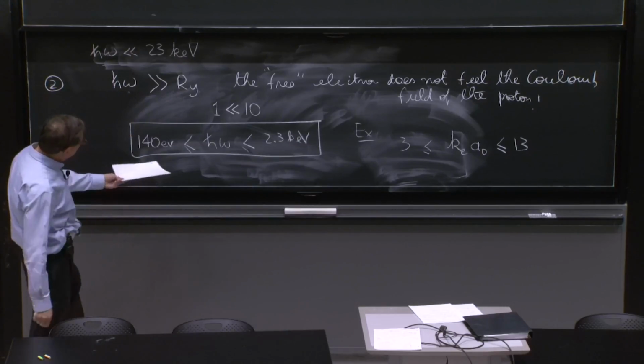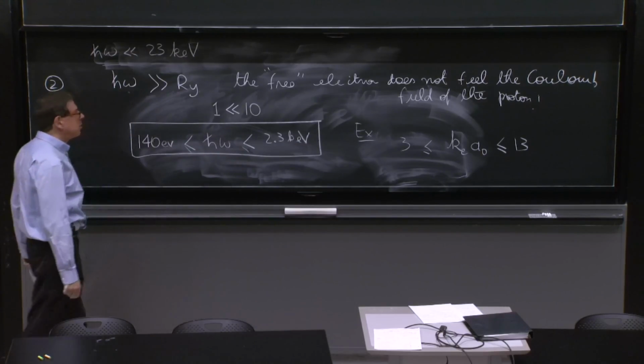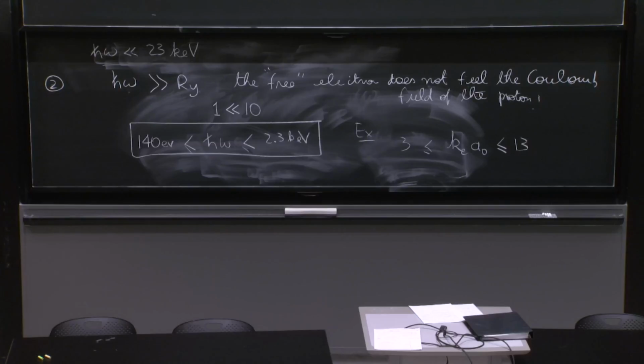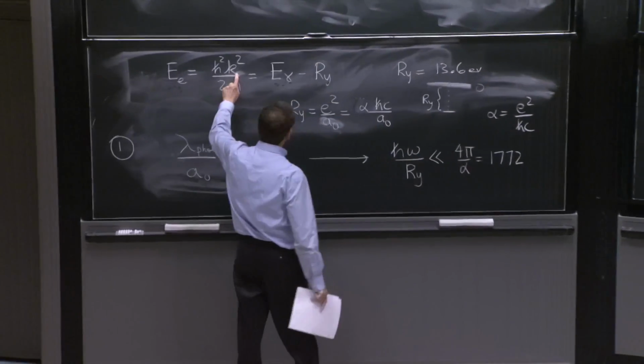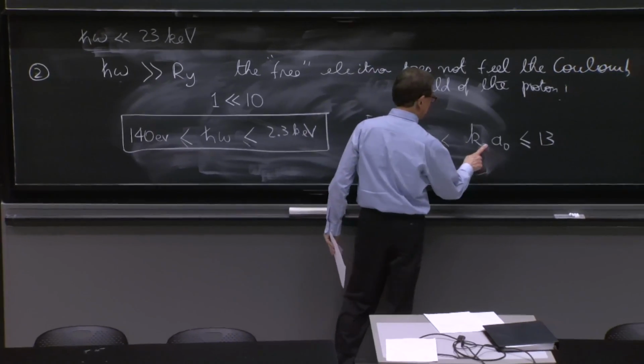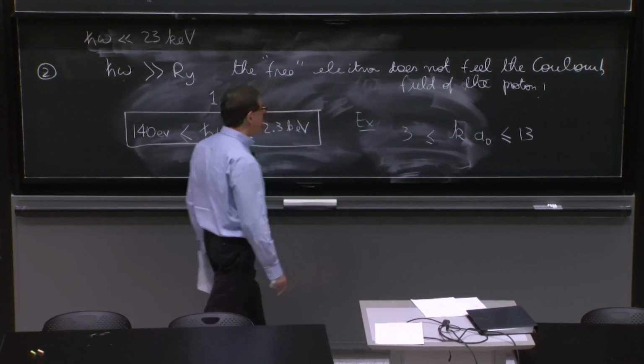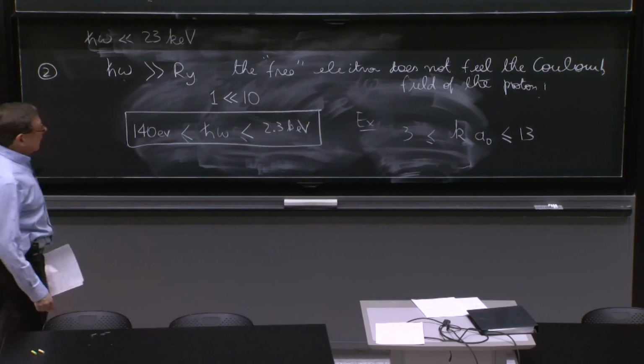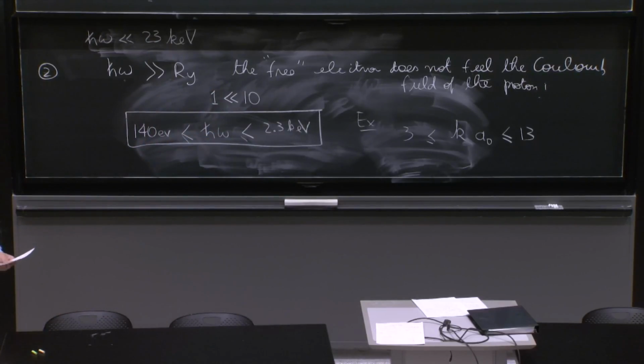When the energy of the photon is between those values, you can calculate the momentum of the electron, K of the electron. I sometimes put an E to remind you of the electron, but I'll erase it. I think it's not necessary. And that's the range.